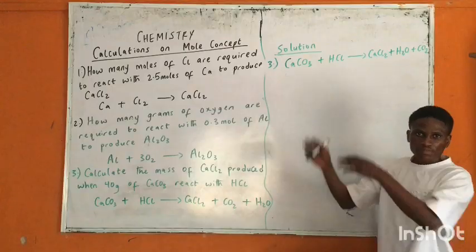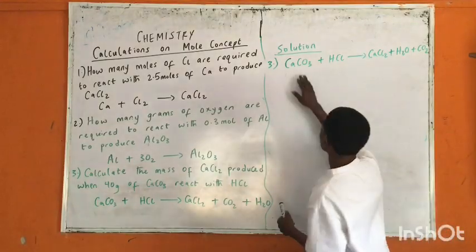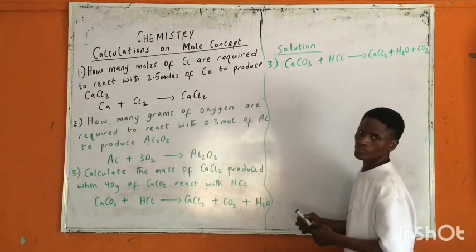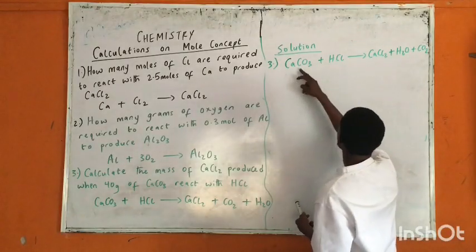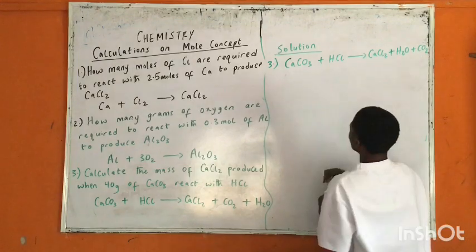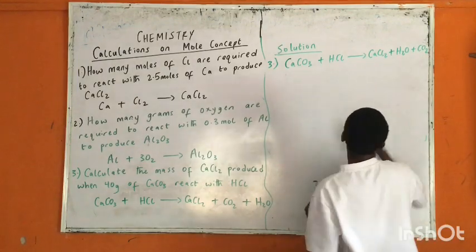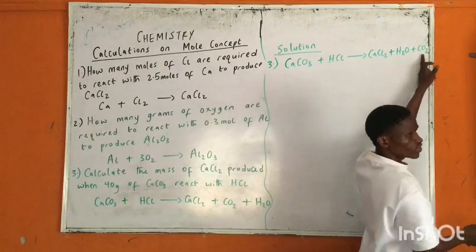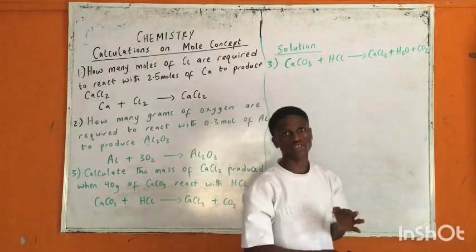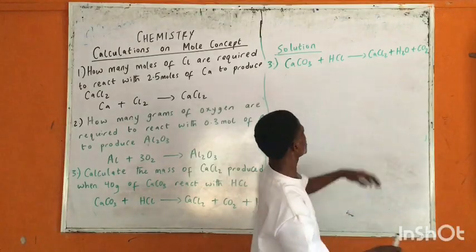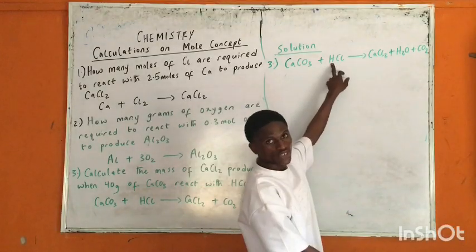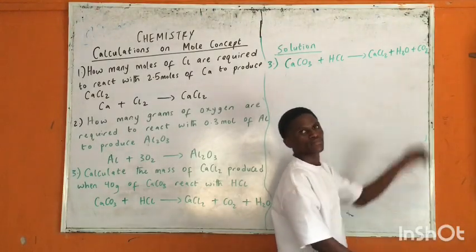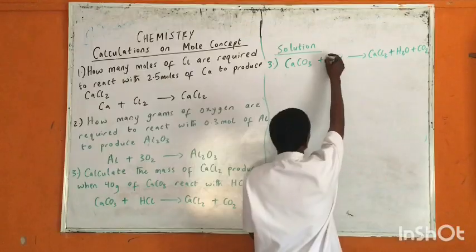So now, let's balance the equation. 1 calcium, 1 calcium, 1 carbon, 1 carbon, 3 oxygen, 3 oxygen, 1 oxygen here, 2 oxygen here, making 3 oxygen. 1 hydrogen here, 2 hydrogen here, so we'll put 2 here.